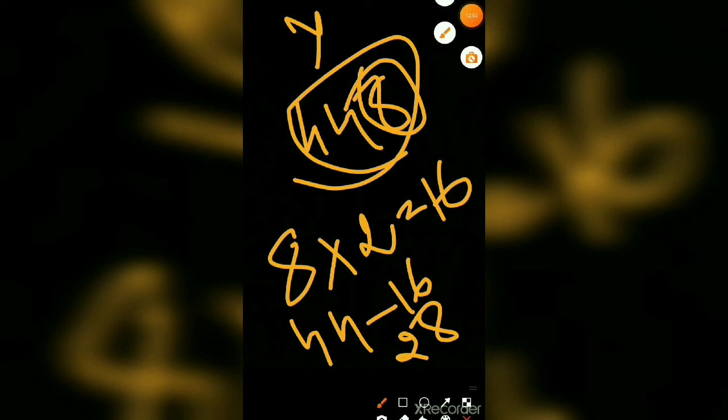If that number is divisible by 7, then the whole number will be divisible by 7. For example, 448. The last digit 8 must be doubled. So it is 16. So 44 minus 16 is what? It's 28, and 28 is divisible by 7. So we can say that 448 is also divisible by 7. Okay.